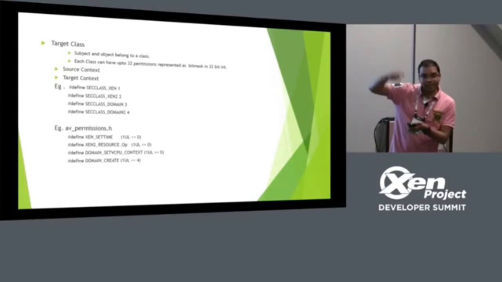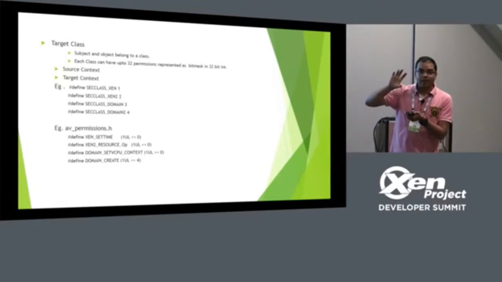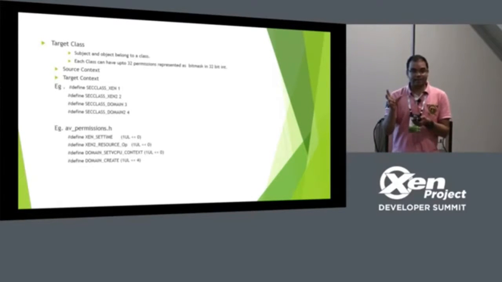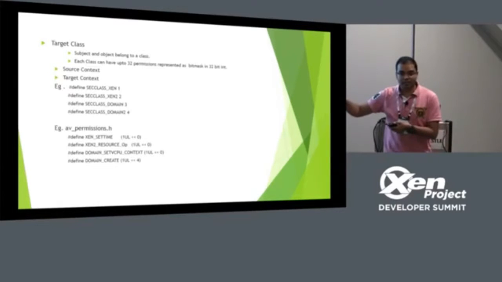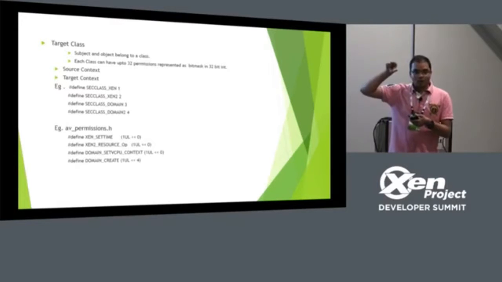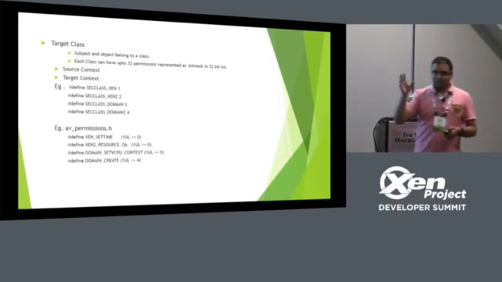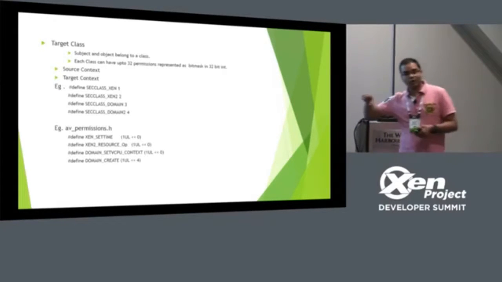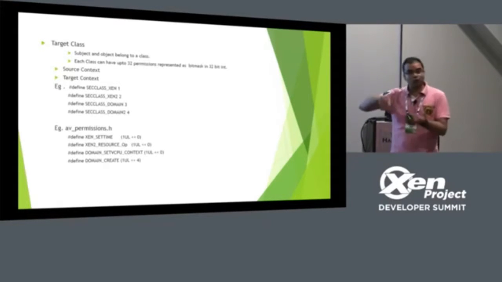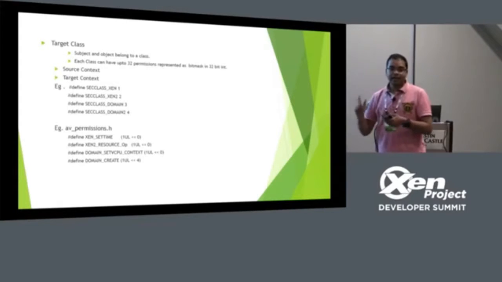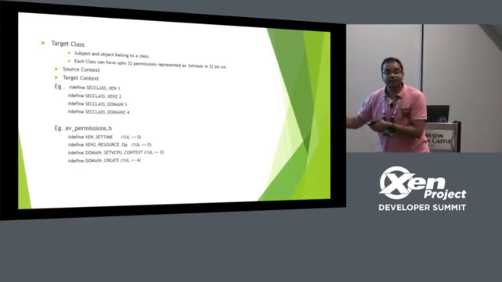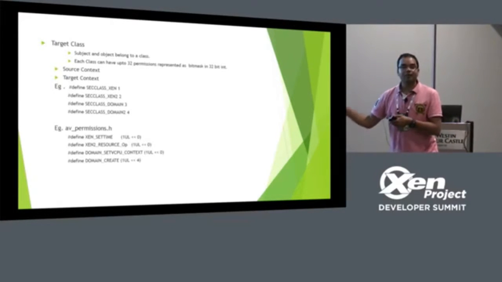Now, the security context is associated with each subject and object. And the target class is the hypercalls that a subject wants to perform on an object, or that a source security context wants to perform on a target security context. It can perform only those operations which are there in the target class. Okay. Right.